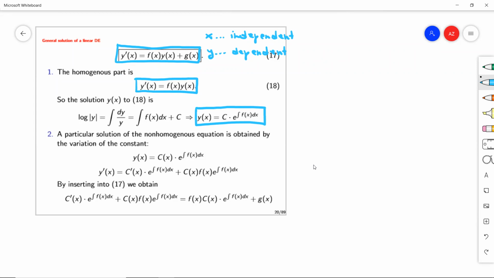So of course, for this method to work, we should be able to determine the indefinite integral of f. So the integral of f must be possible to compute.